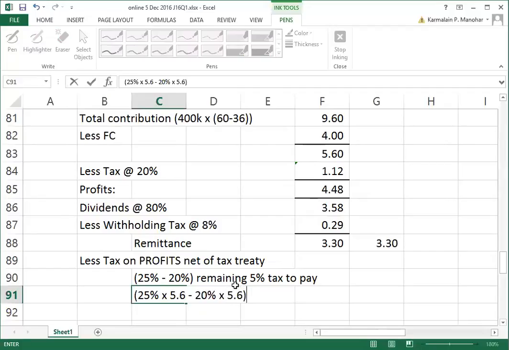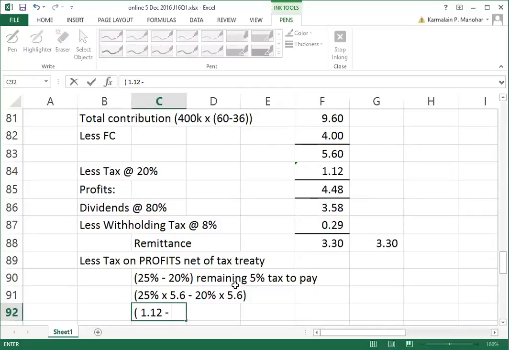Either which way you work that, that would have worked out to the 1.12 minus this new percentage, 0.2 times 5.6.